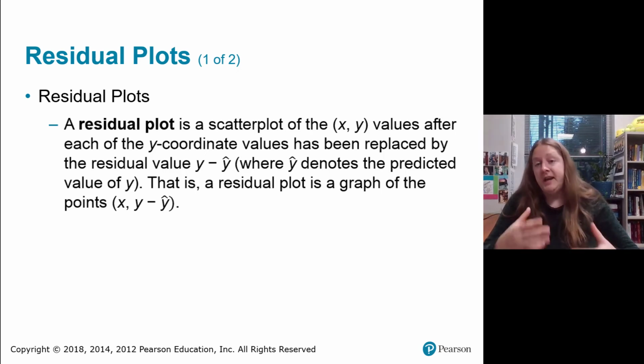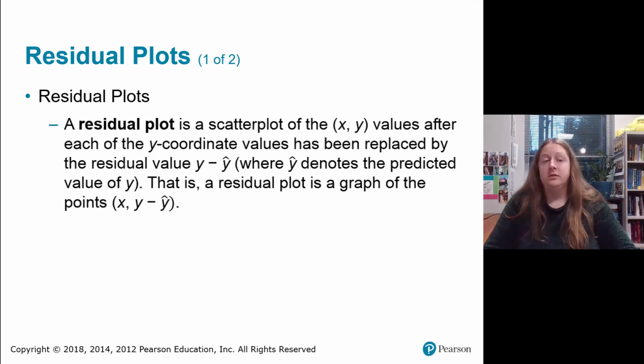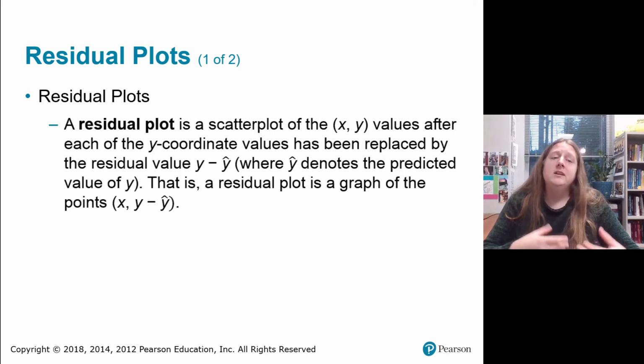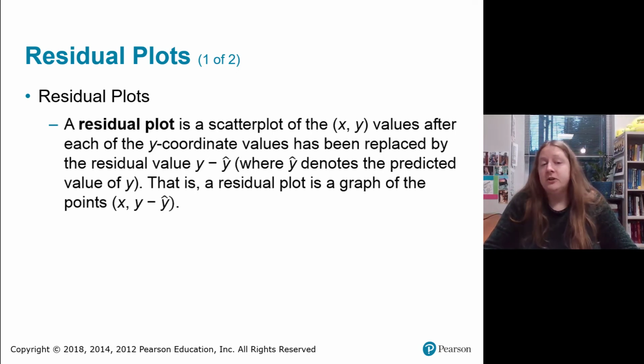To check that we're doing well with our residuals, we can look at a residual plot. This can actually tell us if our regression line is good or not, or even if a linear correlation is a good idea or not. A residual plot is a scatter plot of the X and Y values after each of the Y coordinate values has been replaced by the residual value, Y minus Y hat.